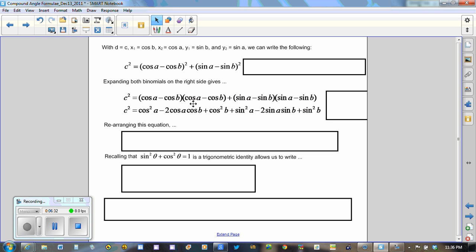It's useful as a reminder that there will be two cos A cos B's. Same thing was done over here with sine A minus sine B. Upon squaring, do recall that there is a middle term, minus 2 sine A sine B. If we rearrange this a little bit to group terms more conveniently, consider this.